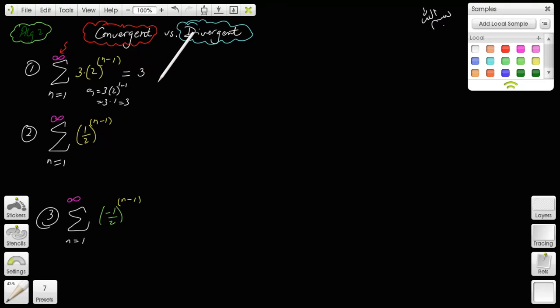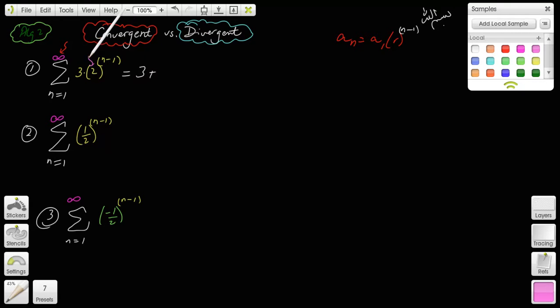If you recognize that this is a geometric series, and recall for geometric series the rule a sub n equals a sub 1 times r to the n minus 1, the common ratio here is 2.